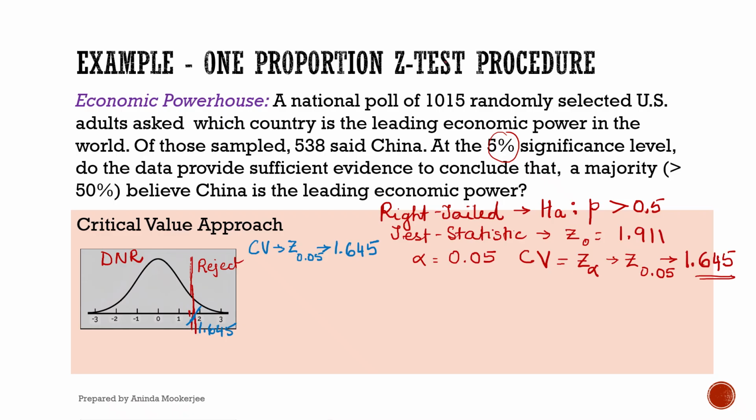All right, so once we know what the critical value is, the next step is to bring your test statistic and see where that falls in this curve. Z sub 0 is 1.911.